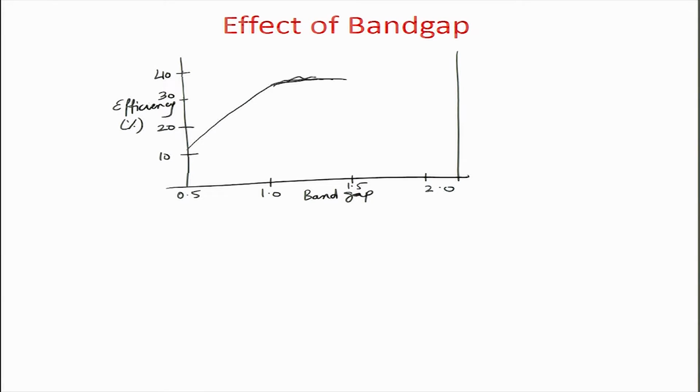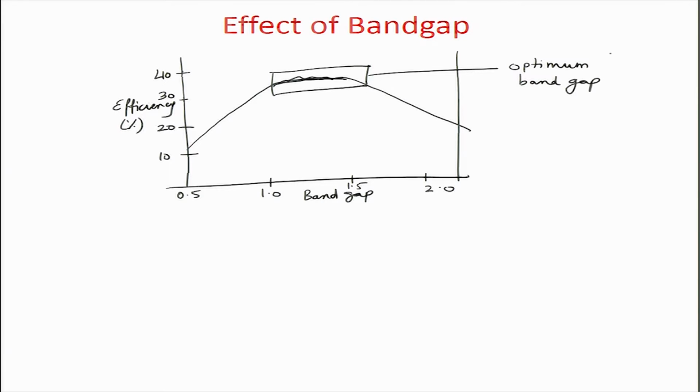It is not exactly flat, it has some sort of ripply behavior, and then within this range of 1 to 1.5 you can say these are the optimum band gaps. Of course, there is a whole thermodynamic analysis behind it that you can do to find out the exact band gap, and this is AM 1.5 G, that is 1 sun.